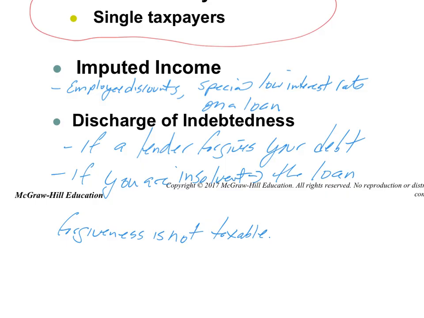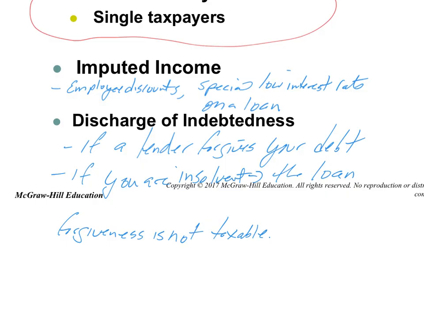not taxable. All right, so one of the things that is being discussed and is continually discussed is forgiveness of student loans. Well, as it currently stands, if your student loan is forgiven and you're not insolvent, meaning your assets are still larger than your liabilities, then you would have taxable income as a result of that discharge of indebtedness.